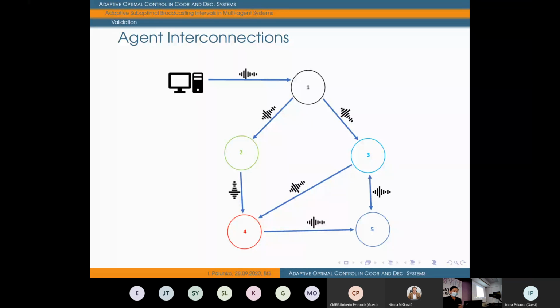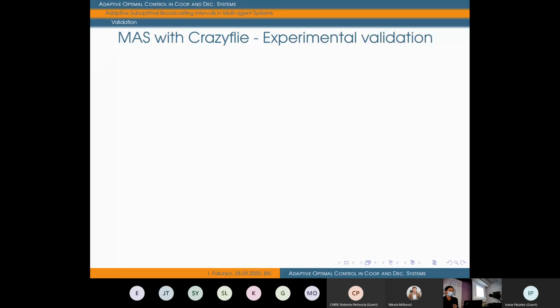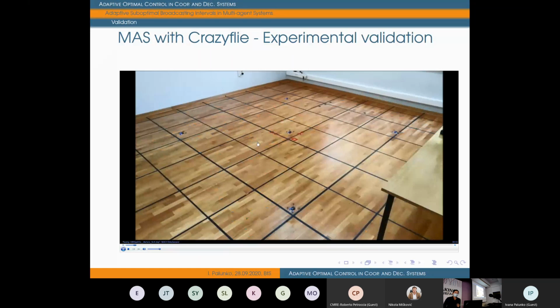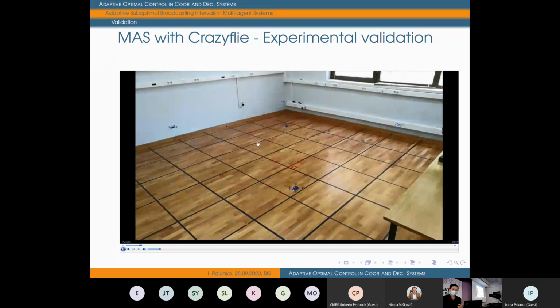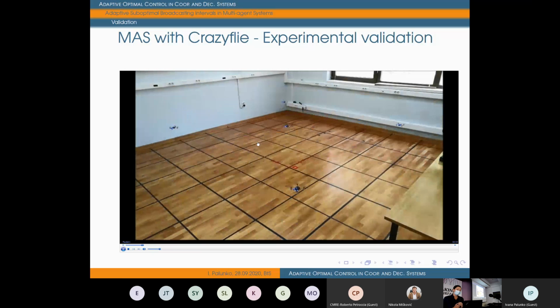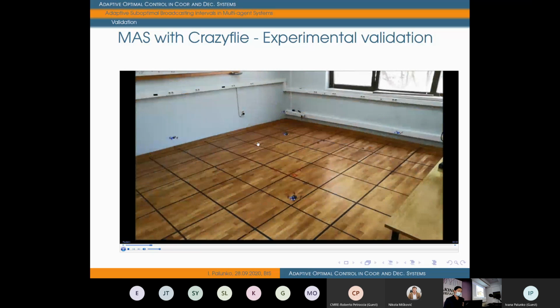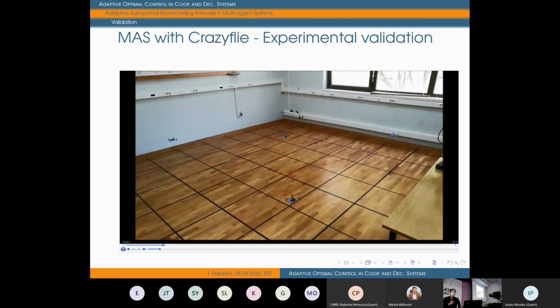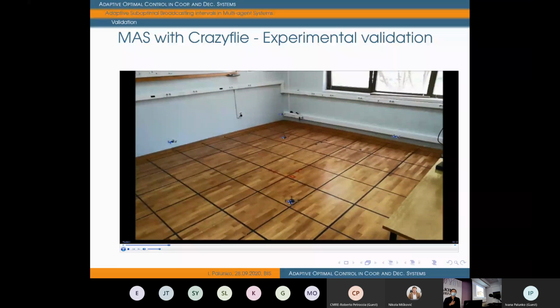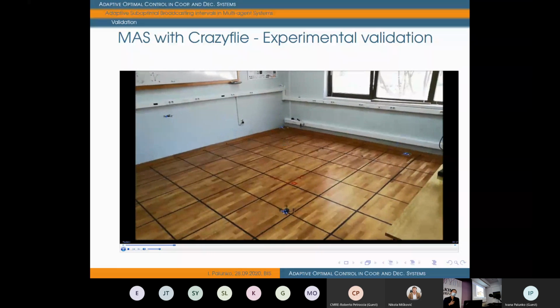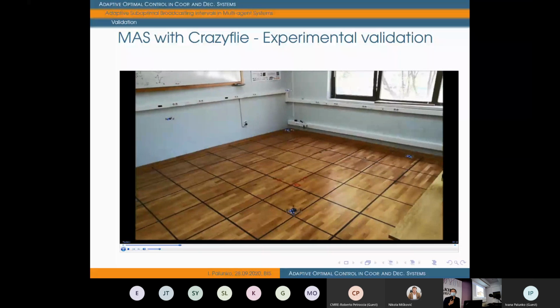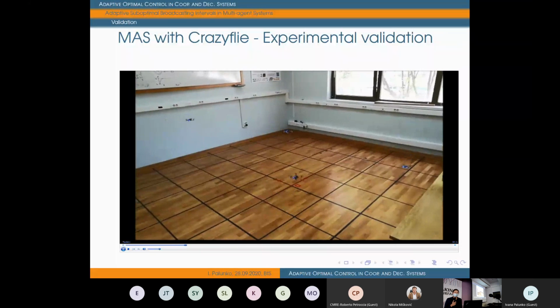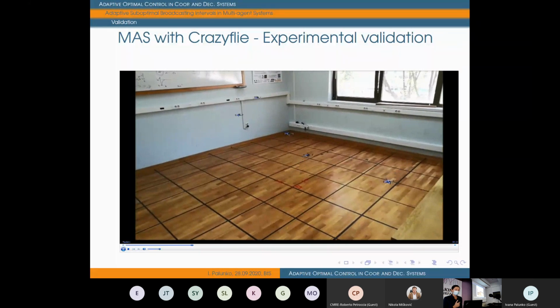UAV. We implemented this in a real system. So basically each of them is running their own algorithm, and then the chosen transmission interval changes depending on how fast they're going, or basically the performance according to the formation needed.